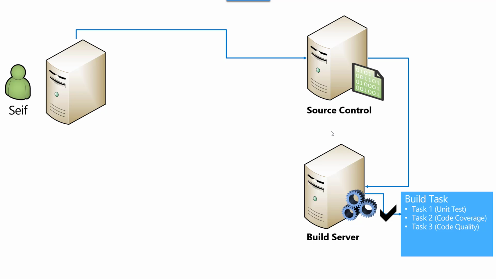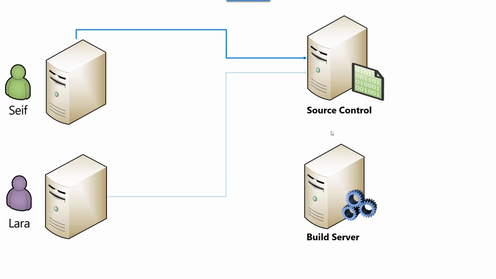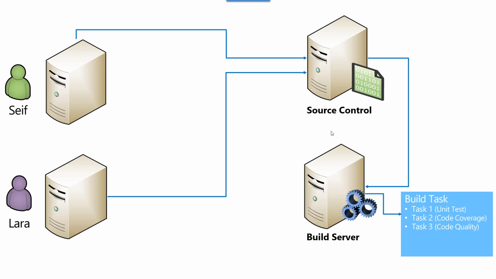If they passed, then the code will be committed. If they don't, then the build will fail and it will prevent the code from being committed to the source control. The same will happen with Laura if she wants to commit the code. It triggers the build, runs all the specifications and verification, the checklist, and if they pass, it will commit. If it fails, it will prevent the code.